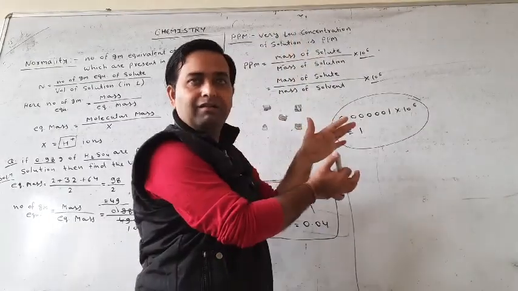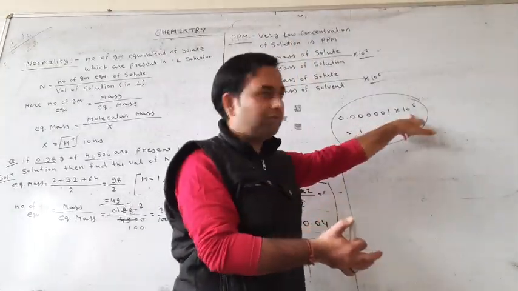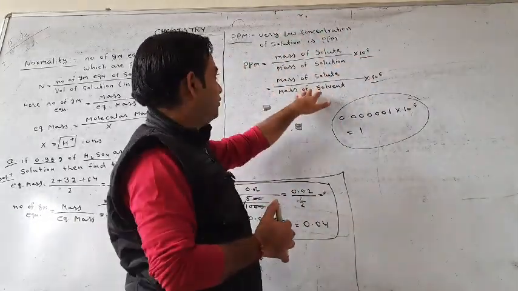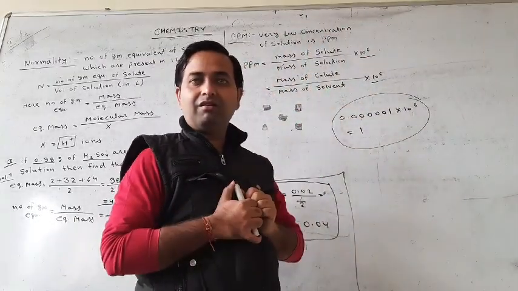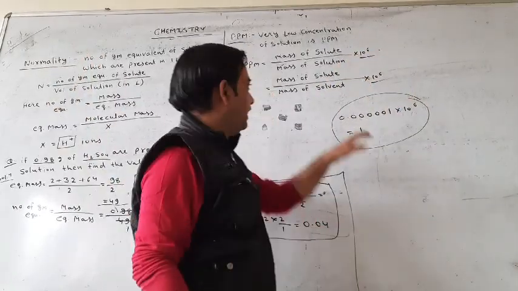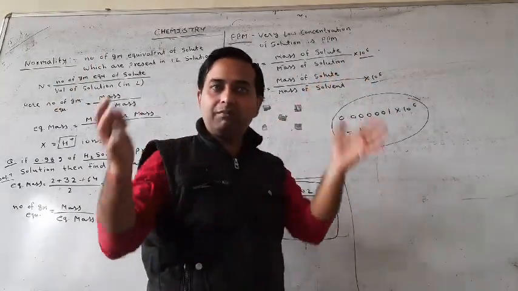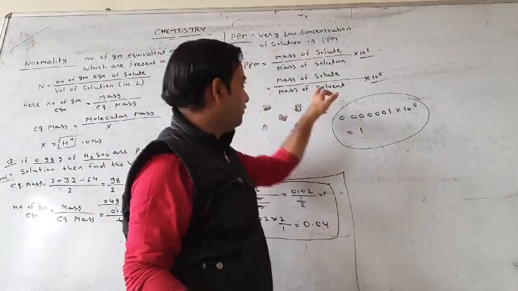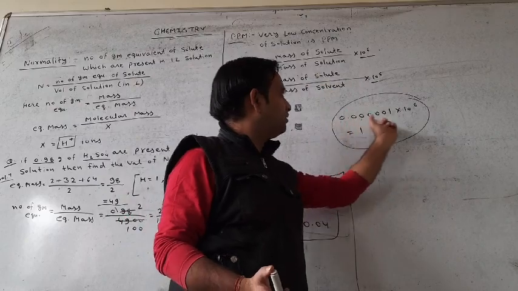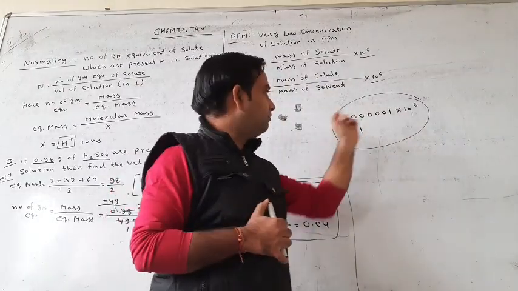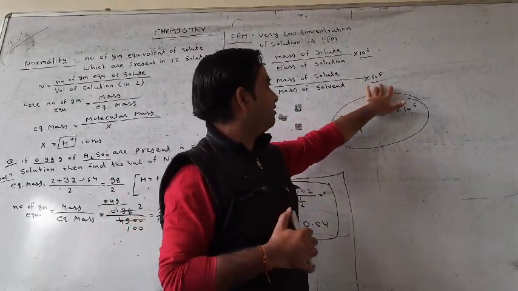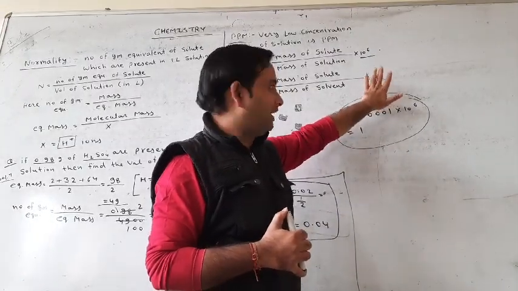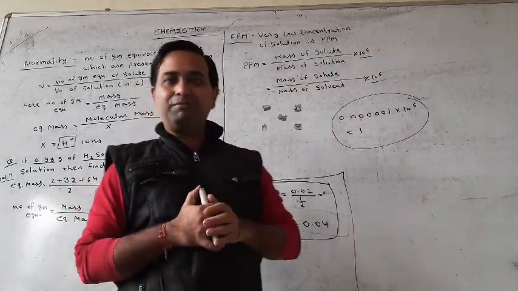Then if you divide it, the value comes in this form, so we use 10 raised to power 6. If the solvent is in very big amount and solute is in very small amount, then if you divide it, you get the value in this form, then you must multiply it by 10 raised to power 6, then you get the value of ppm.